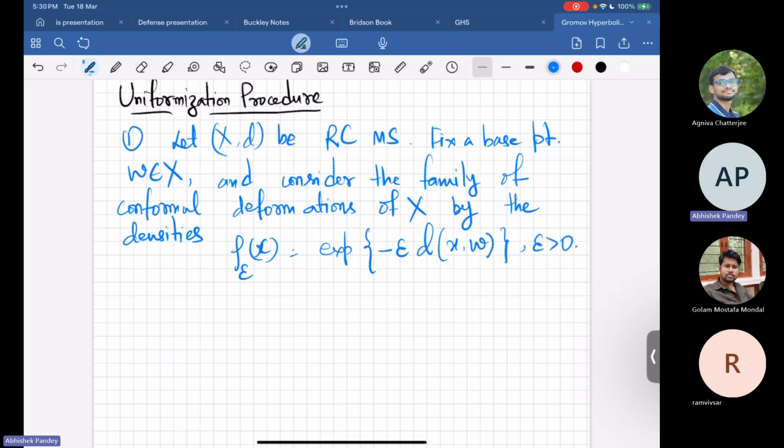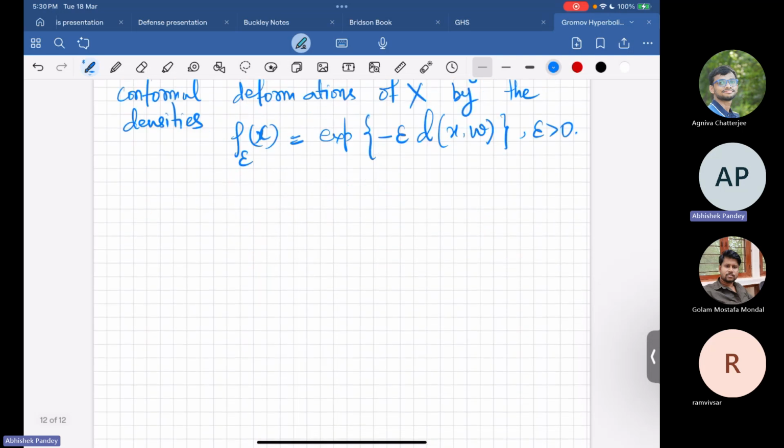If you remember the way we define the conformal metric using a density rho, this is defined the same way. So this is our density.